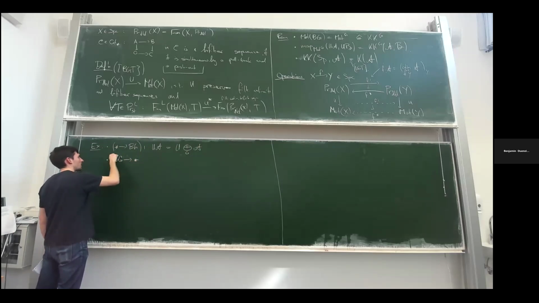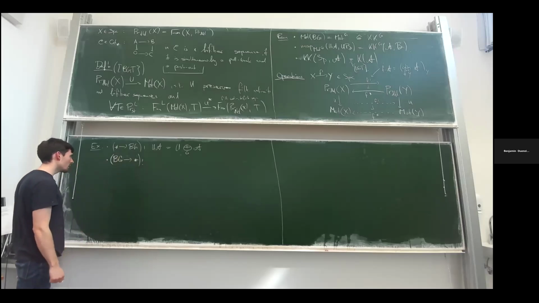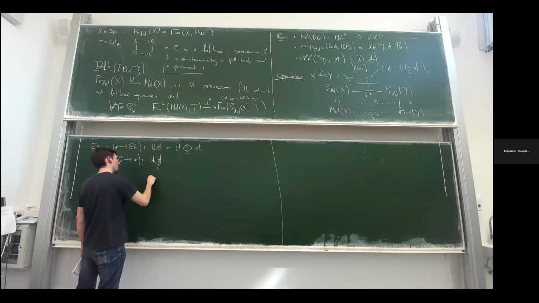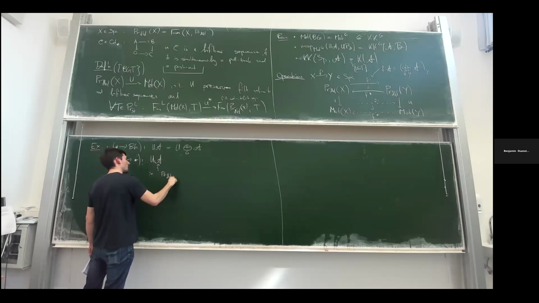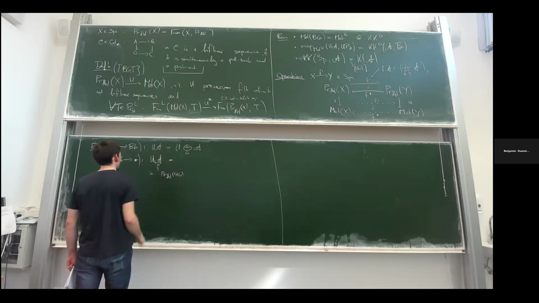Another interesting map we have is just the map from BG to the point. And also in this case, we can apply this lower shriek to some U of A, where A is in dualizable categories over BG.